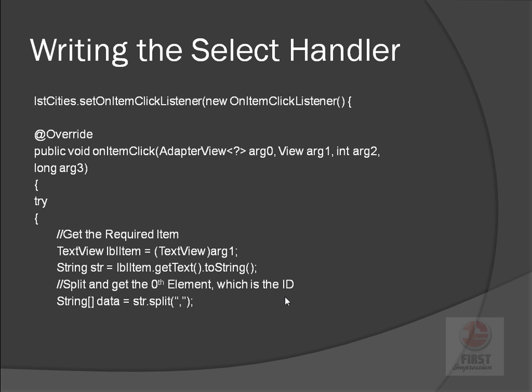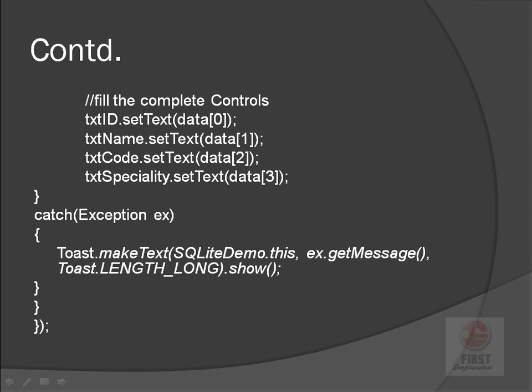Now we have to do a simple thing of filling the fields by saying txt_id.setText data of 0. This data contains all the 4 fields. Out of these 4 fields, you will require the 0th field, that is the ID, first field the name, second field the code, and third field the specialty. In case there is an error, you just toast that error to the output.